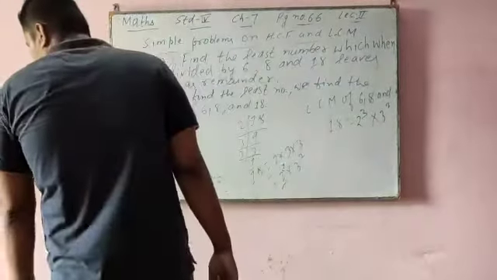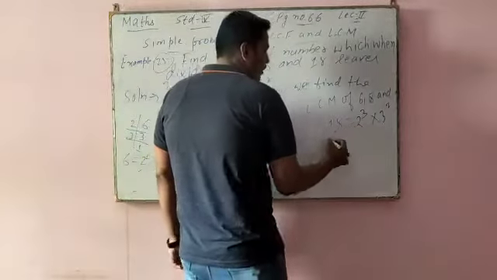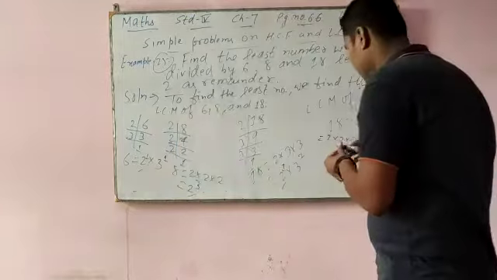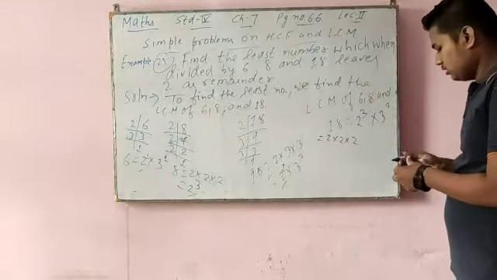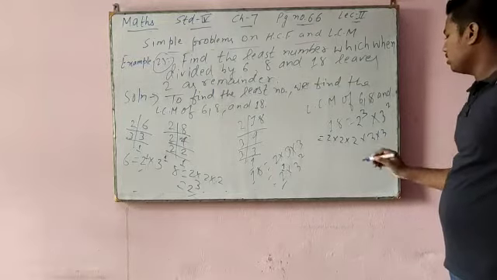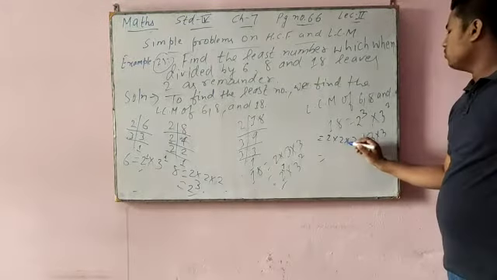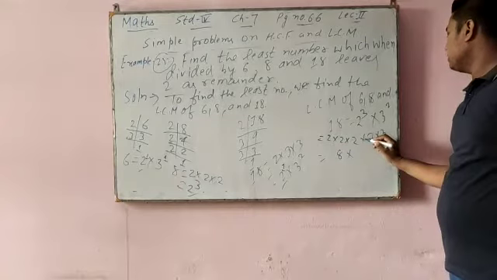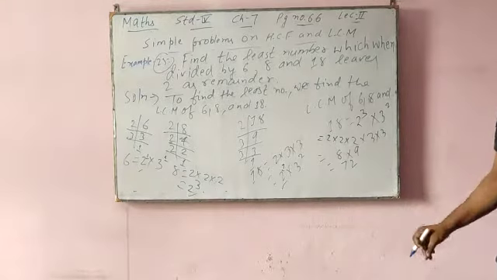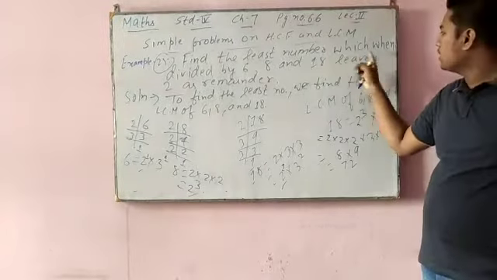Okay, so we will multiply. 2 to the power 3 means 2 into 2 into 2. 3 to the power 2 means 3 into 3. Now multiply. 2 into 2 is 4, 4 into 2 is 8. And 3 into 3 is 9. And 8 into 9 is 72. But the question is, find the least number.